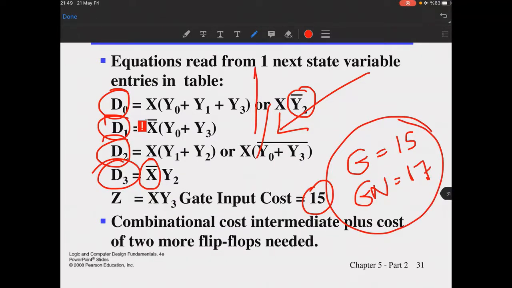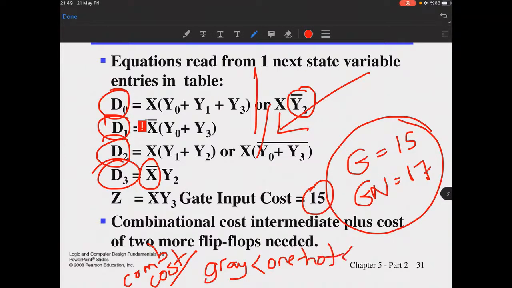Okay, one hot coding assignment has a combinational cost, of course, lower than the counting order assignment, but higher than the gray coding assignment. So we can say that combinational cost of gray is less than one hot, less than counting order, for this example.